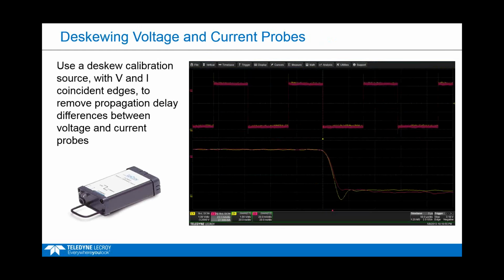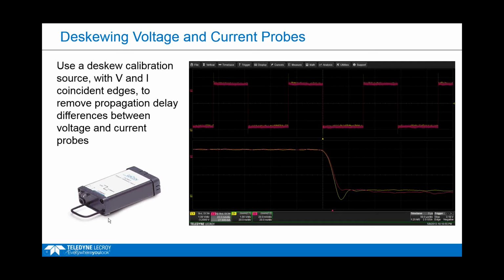Now the other piece we need to adjust in order to make very accurate turn on and turn off loss measurements is the skew. These are going to have some pretty fast turn on and turn off times, and so if there's any skew between the voltage and current probes, that's going to really introduce a big error into our measurements.